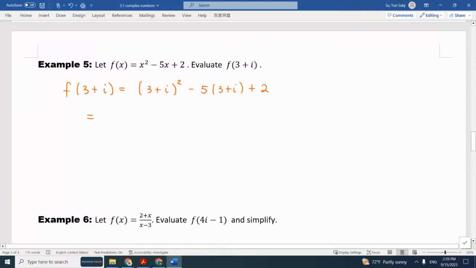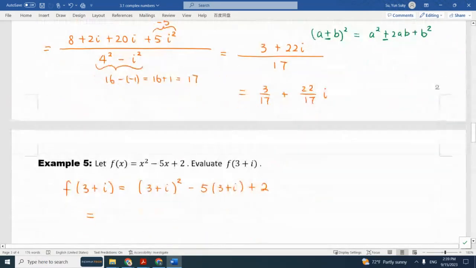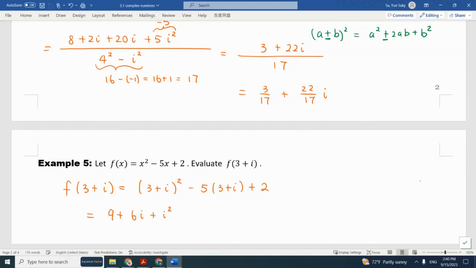What is (3 plus i) squared? Look at the formula. What's (a plus b) squared? So (3 plus i) squared is? Yes, good. Let me write down i squared first, then we know this is minus 1. Is everybody okay with that? We're using this formula, with a is 3 and b is i.